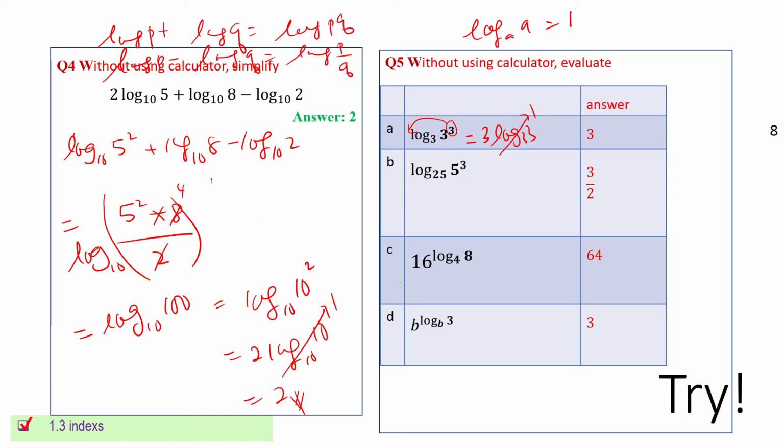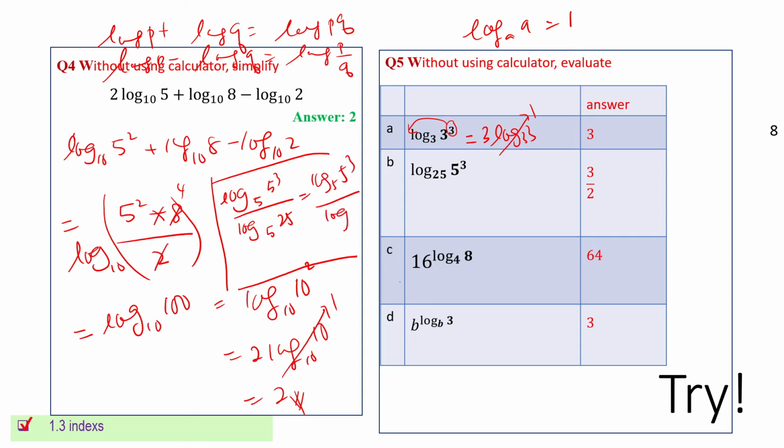Over here, what we do is change it to base 5. So you have log 5 to the power of 3 divided by log 5 to the power of 2, and this one bring in front 3, and this is 2, so you have 3 over 2.